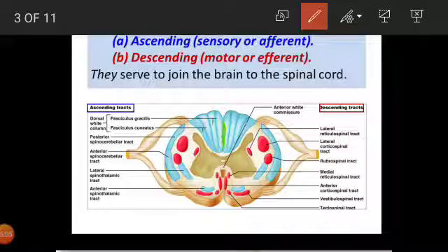So this arrangement, where the information flows from medial to lateral, from the sacral to the cervical region, is known as the somatotopic type of distribution.